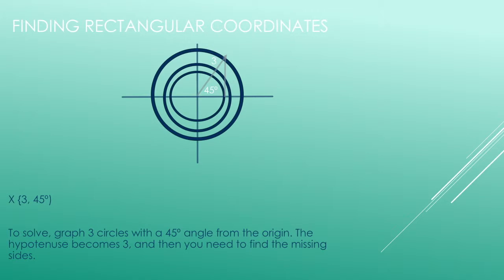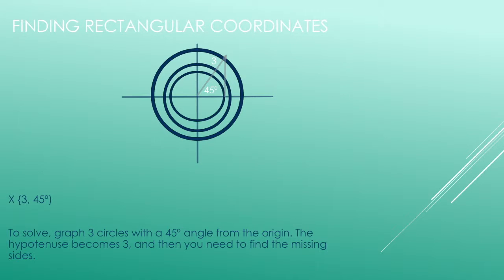Now I said earlier that each triangle has a ratio or proportion that goes with it, and you should have written this down on your note card with the circle, but if you didn't, basically for a 45-45-90 triangle, the hypotenuse is x square root of 2 and the other two sides are just x.